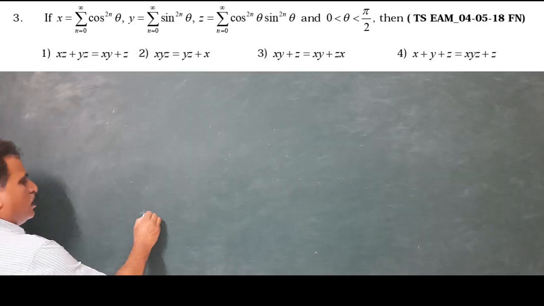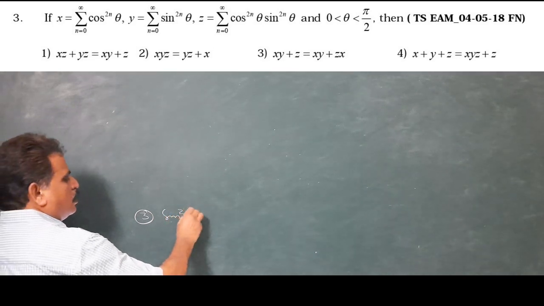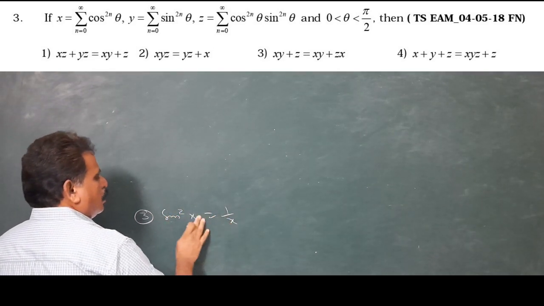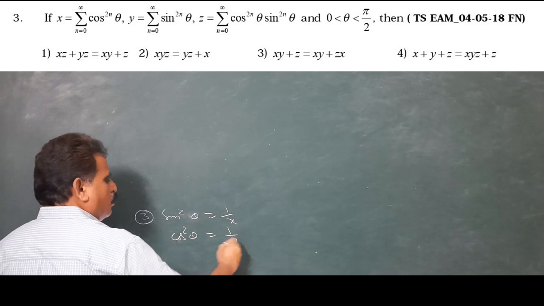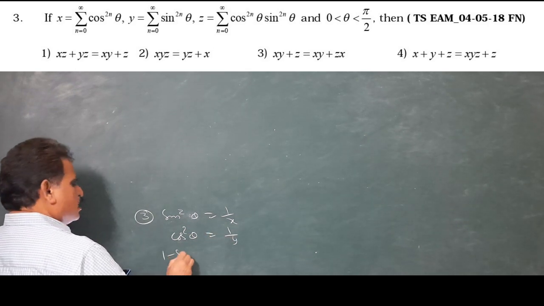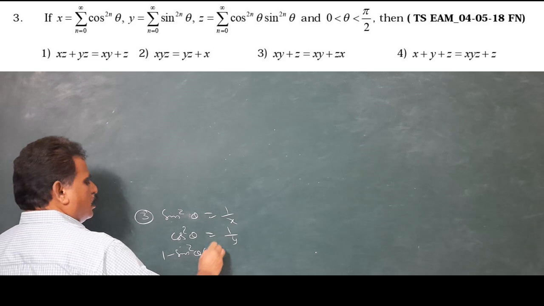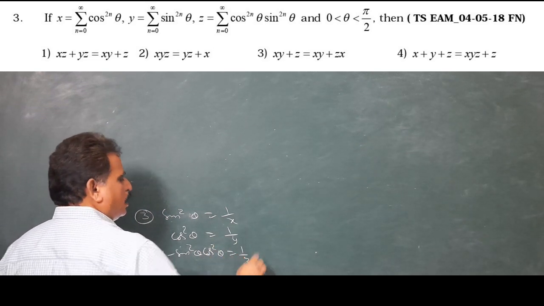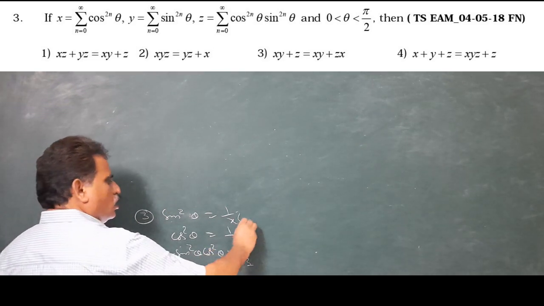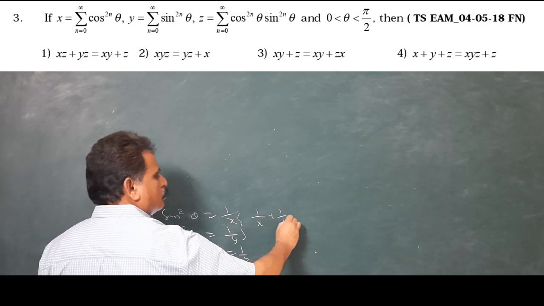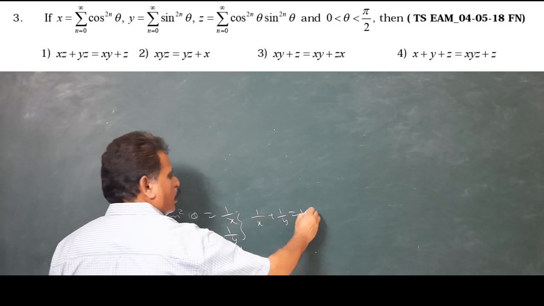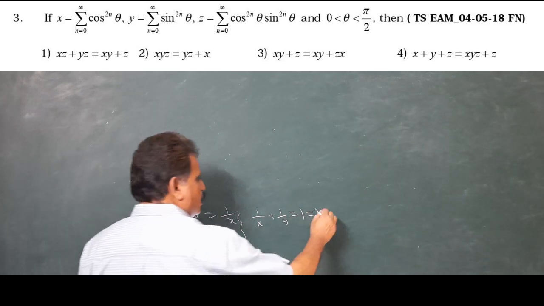In the same way, cos square theta equals 1 by y. From the third one, 1 minus sin square theta cos square theta equals 1 by z. So from these two, 1 by x plus 1 by y equals 1. Okay, implies xy equals x plus y.